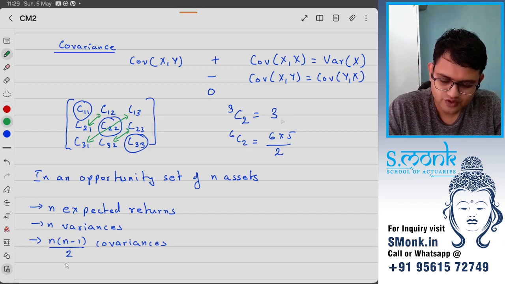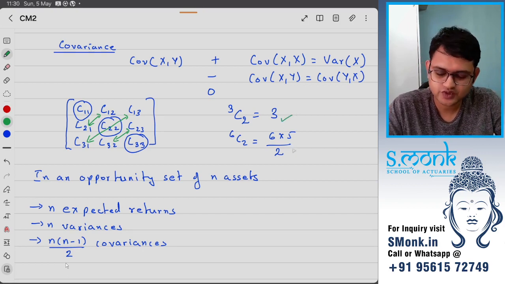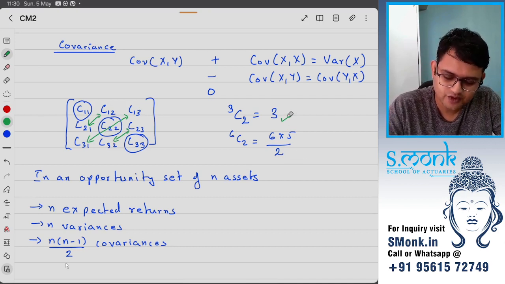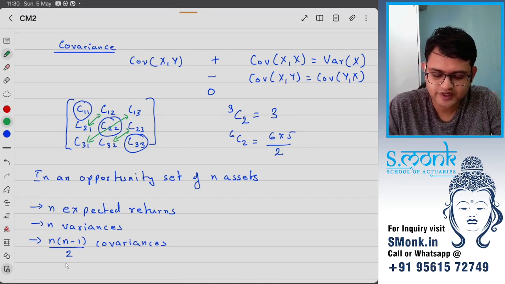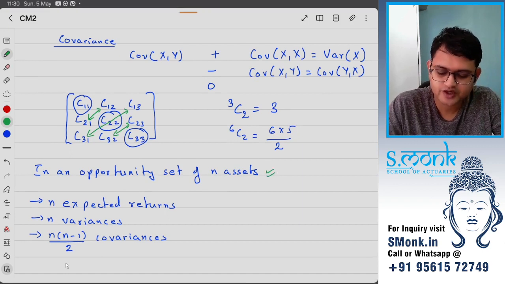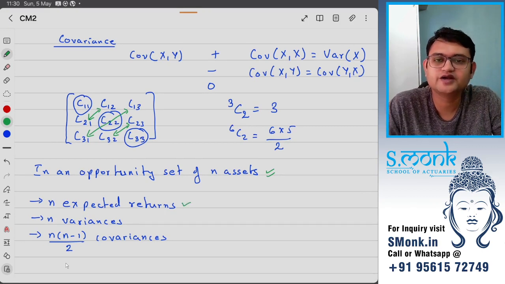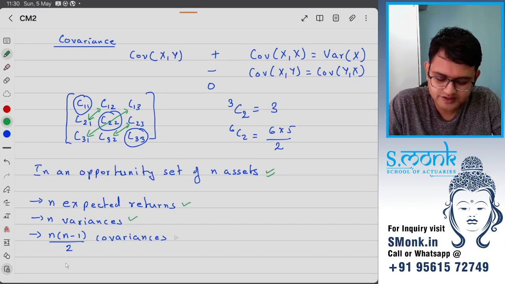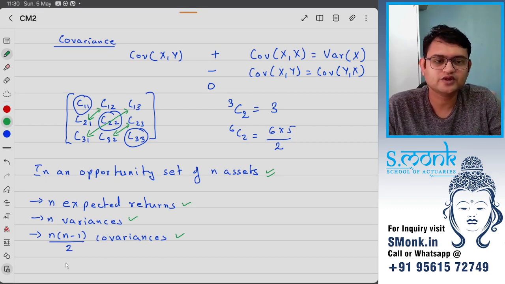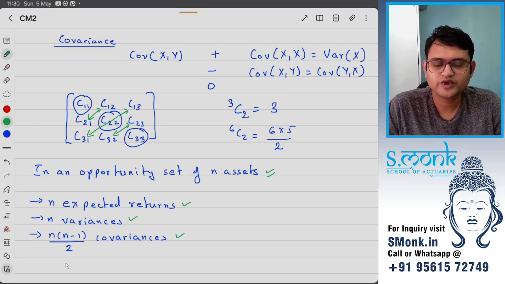So we calculated how many we would require. Okay, so for 3 assets we said it would be 3C2. For 6 assets we'll have 6C2. So basically, in an opportunity set of n assets, we said we need n expected returns, we need n variances, and we need n into n minus 1 by 2 covariances to be able to accurately calculate how the portfolio should be created.